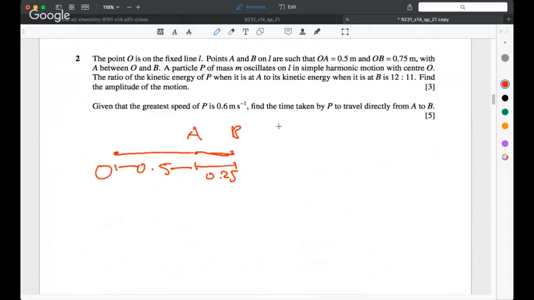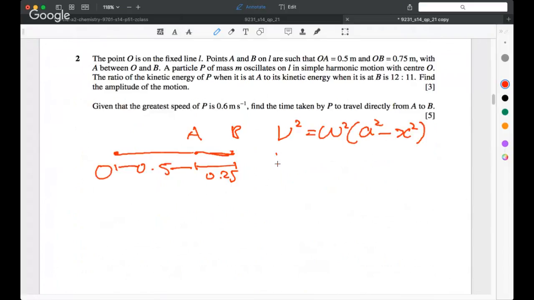So we have v squared equal to omega squared, the angular frequency, times amplitude squared minus the displacement from the equilibrium squared, so x squared.